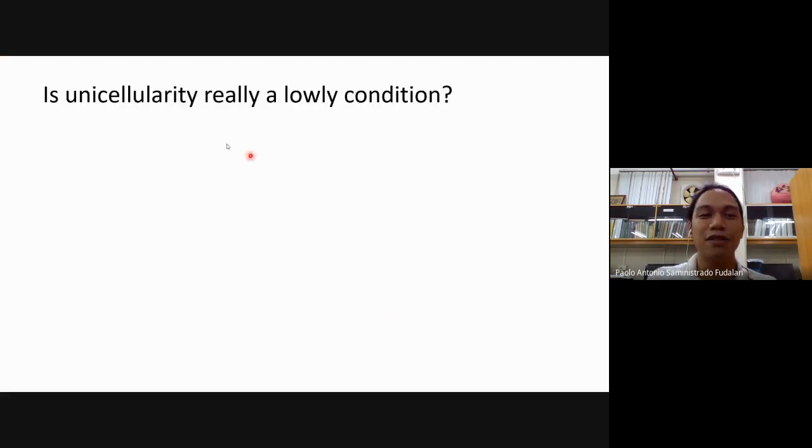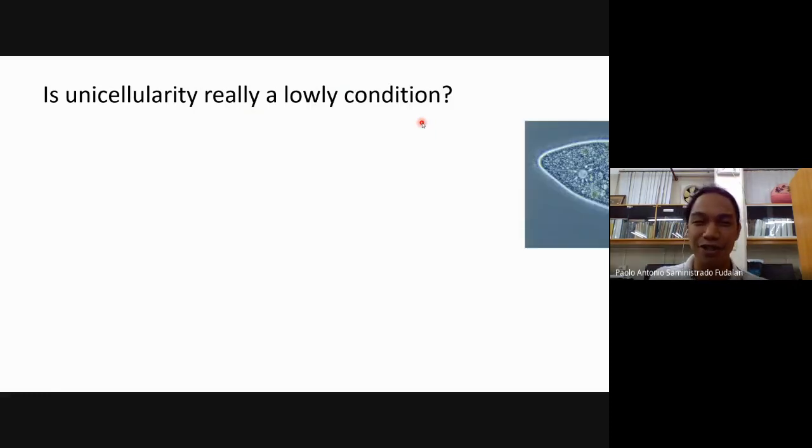Okay, so when we talk about cancer, of course, we talk about multicellular organisms. There is no known cancer for unicellular organisms. So here's a question: is unicellularity a lowly condition? Is it really a bad condition, a sad condition?